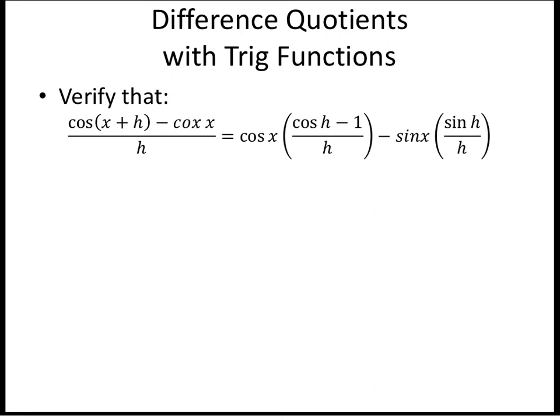Lastly, we're going to verify a difference quotient with trig functions. Okay, so here we have cosine of x plus h minus cosine of x all over h. And we're going to use our cosine function. So cosine of u plus v equals cosine u cosine v minus sine u sine v.